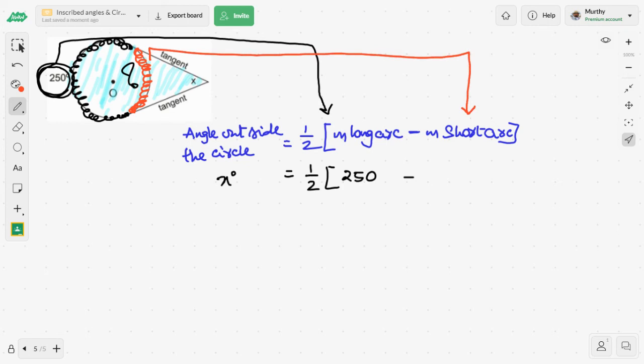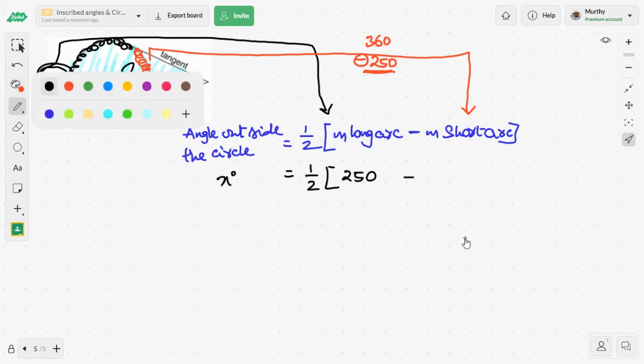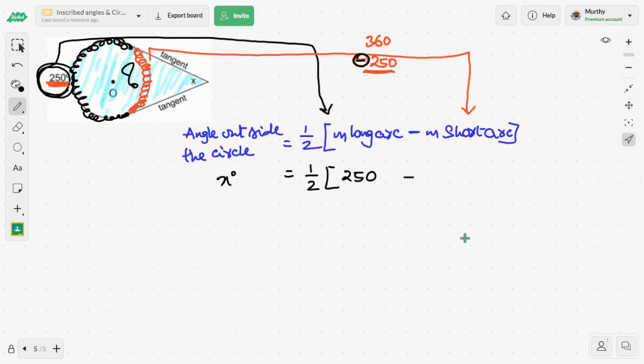But if you take a circle, the total angle is 360 degrees. Out of 360 degrees, I know that some part is given as 250. What is the remaining value? That is 360 take away 250, because 250 is a partial value. When you subtract, you get 110 degrees.